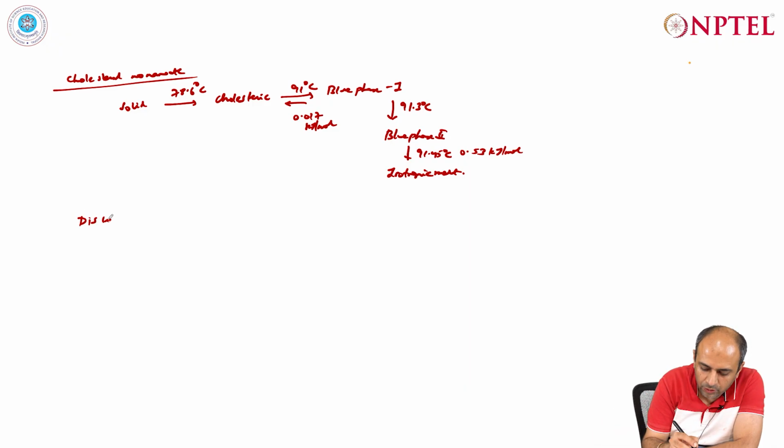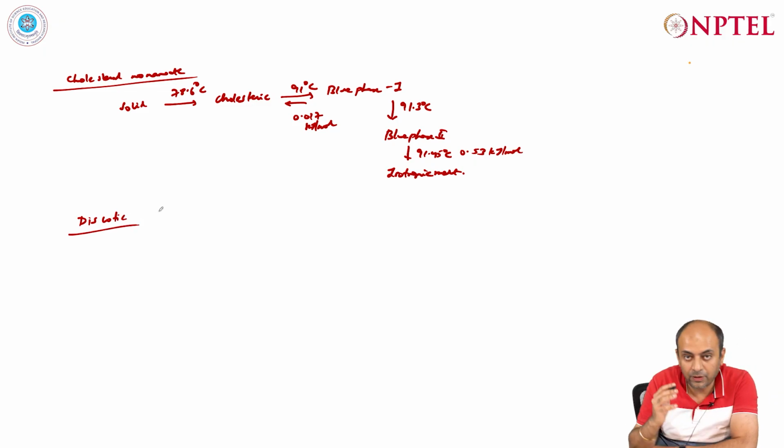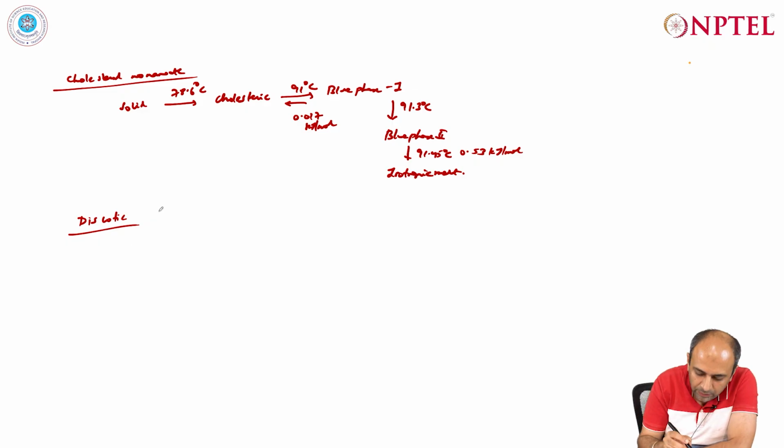Then we can go to the discotic phases, and in the case of the discotic phases what we have is a disc like molecule which can actually stack, and the next stacking can also happen in this way.